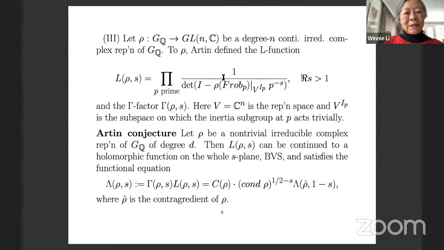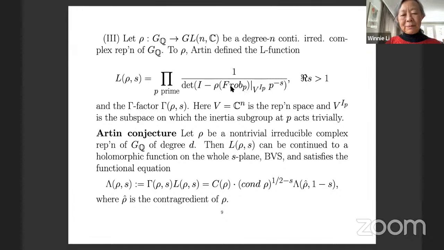So the third application is that we consider a complex representation of the Galois group over Q. So let's say a degree n, continuous, irreducible complex representation. To such a representation, Artin has defined the Artin L function. Basically, it's 1 over the characteristic polynomial of the Frobenius.